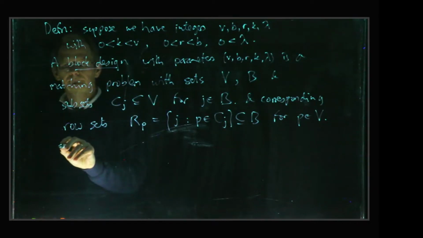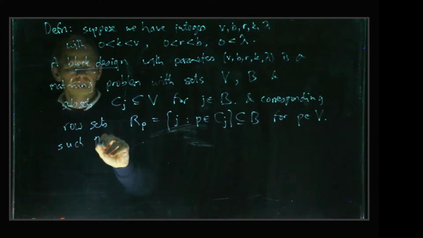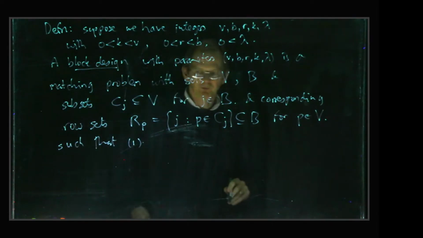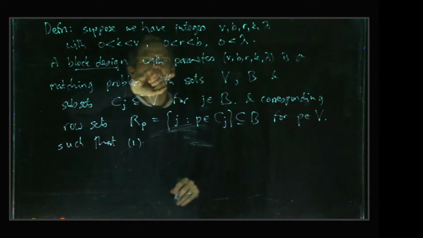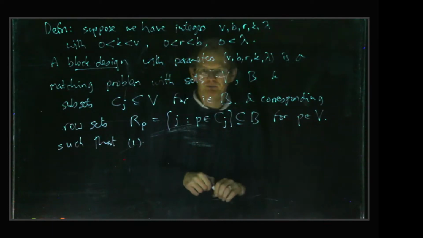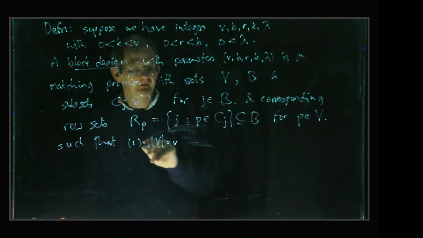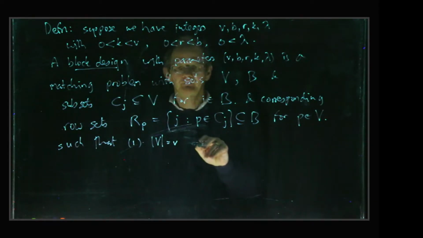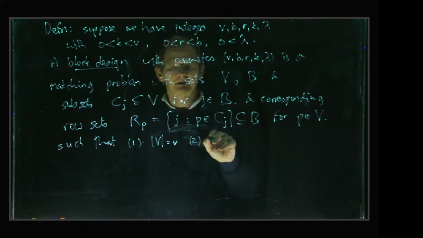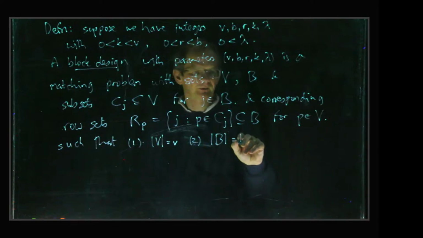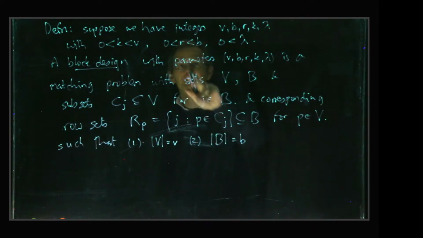These have to match up with the numbers v, b, r, k, lambda that we mentioned previously in the following way. The size of the set capital V, the number of varieties, is equal to little v. Similarly, the size of the set capital B, the number of blocks, is equal to the second parameter, little b.